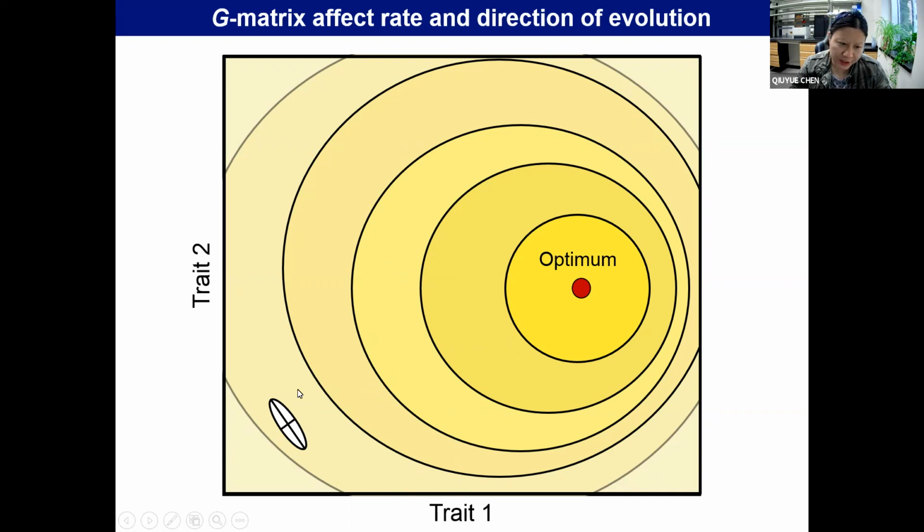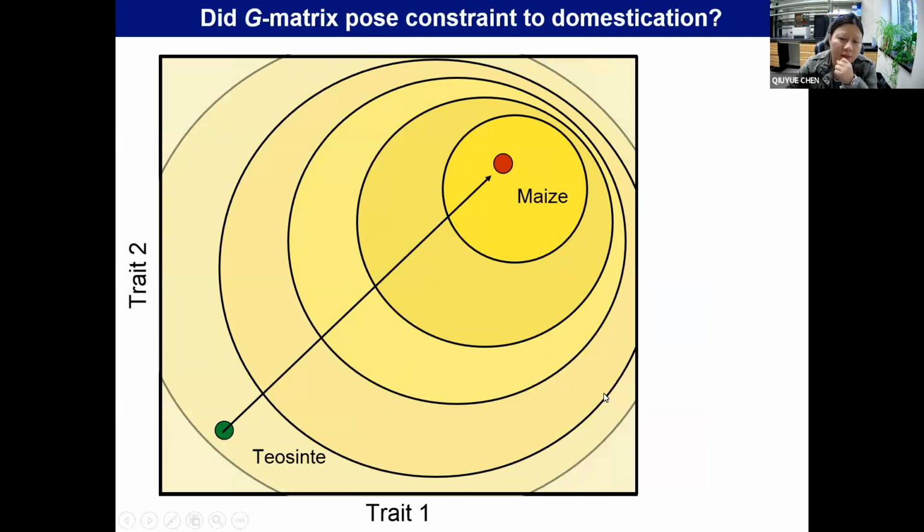If the two traits have negative correlation, then the path to reach the optimum will be slow and twisted. And if the two traits have positive genetic correlation, then it will be faster to reach the optimum. So now we ask, did the G matrix pose constraints to domestication?